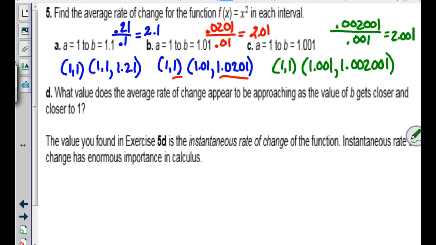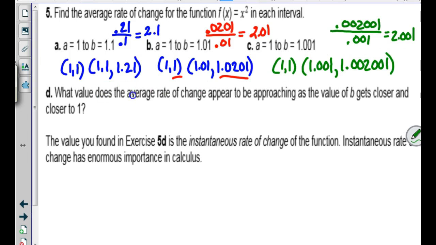as we cut that interval, first we were looking at a width of 1/10, right? From 1 to 1.1. We cut it down to 1/100th. We cut it down to 1/1000th. What happens to the rate of change? It's getting closer and closer to what number? 2.